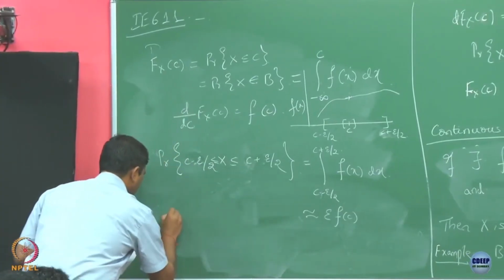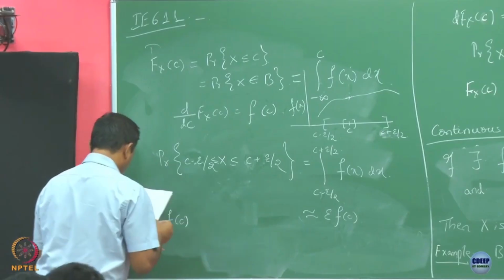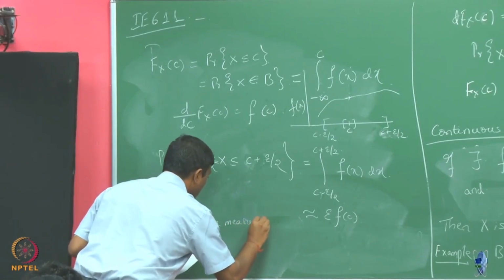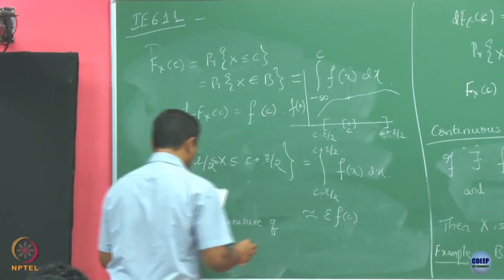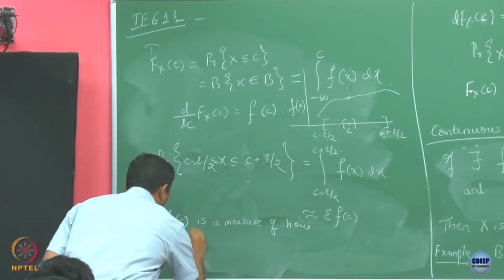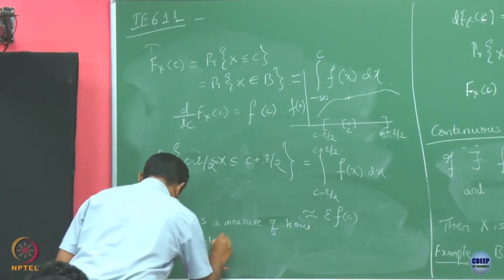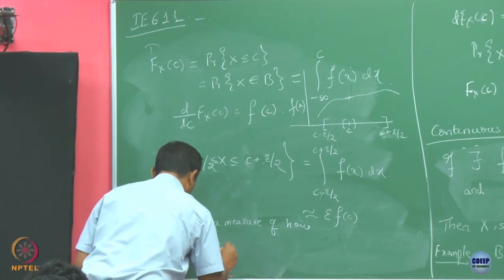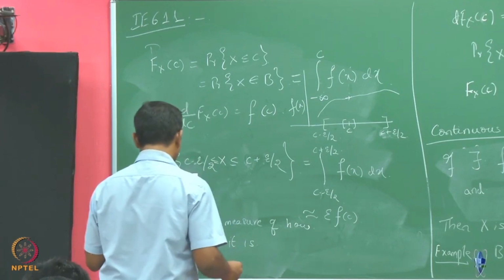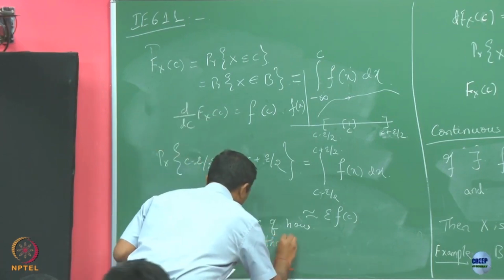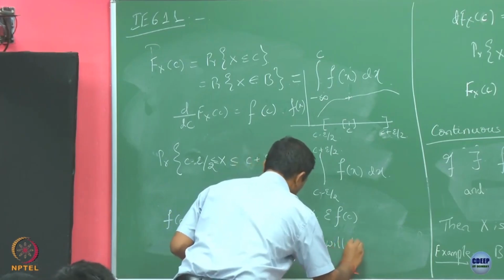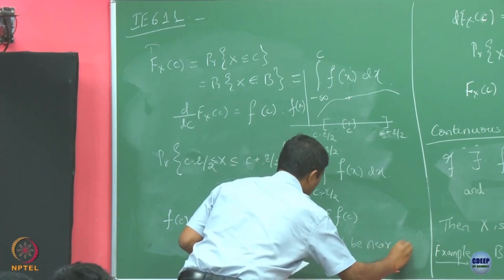So in that case we can interpret f of c as a measure of how likely it is that the random variable will be near c.